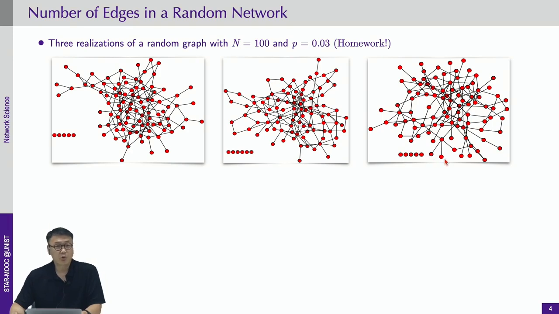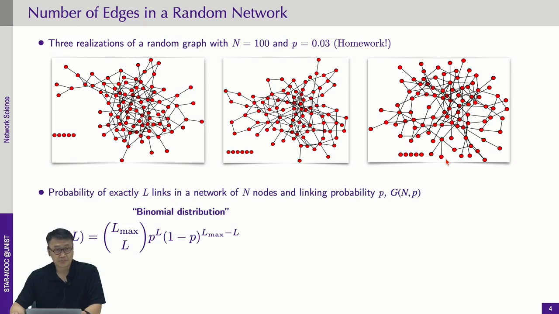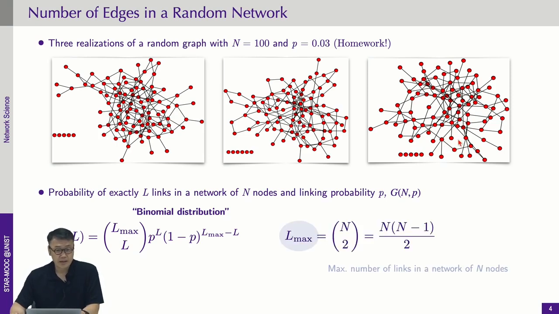For a bit more quantitative analysis, let's compute the probability that a G(n,p) random graph has exactly L edges. If you remind yourself of the coin tossing problem, I guess you're familiar with the binomial distribution. Here, L_max is the total number of possible pairs of vertices, and p is the same linking probability defined in the G(n,p) model.